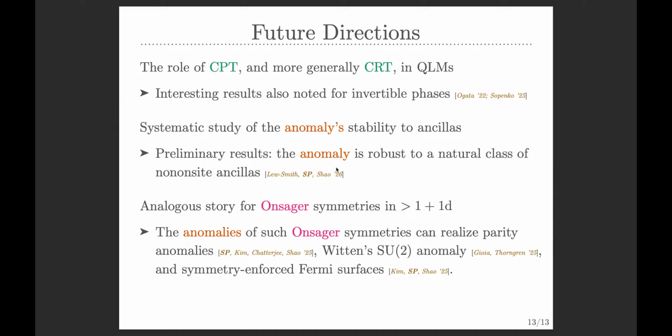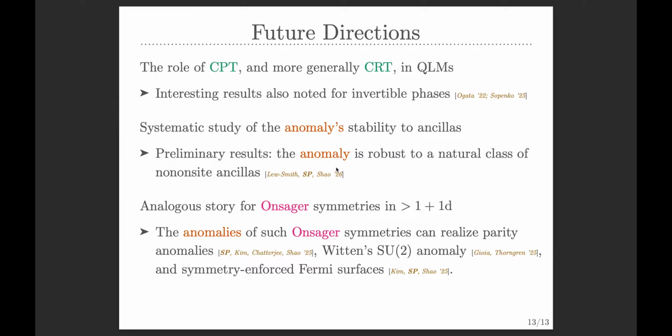But then there are less ambitious questions that I think come from this as well. In this talk, I never talked about ancillas, but ancillas are important. We want to say, if I have some anomaly, some obstruction to a trivial gapped phase, and I just tweak the local Hilbert space, I don't want that to go away. That's what adding ancillas basically does. In the paper, we have some preliminary results where we look at a large class of ancillas and show the anomaly is robust to adding those.